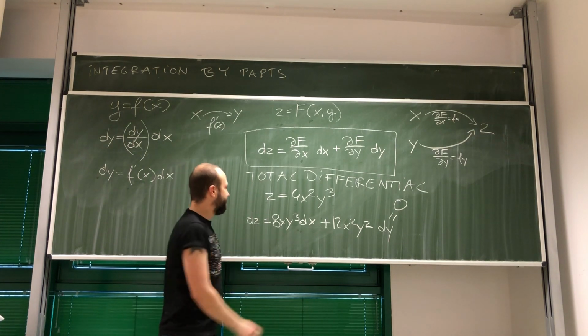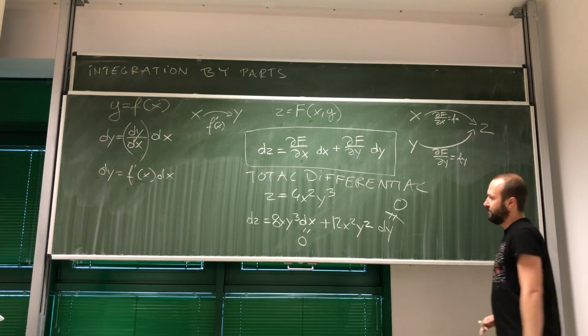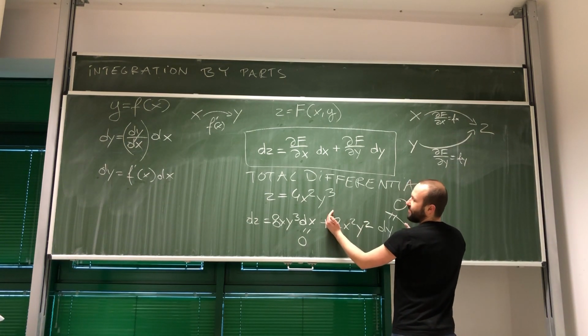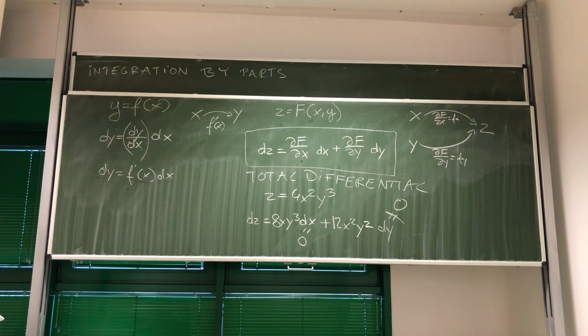And similarly, if this one would be equal to 0 and this would be different than 0, this expression would tell us by how much z is changing.